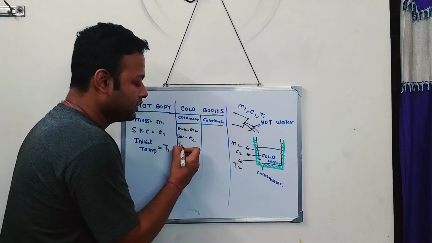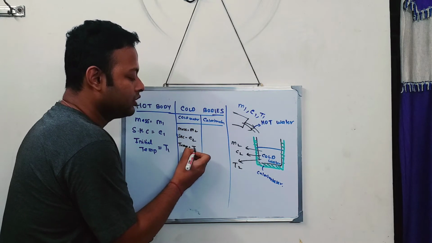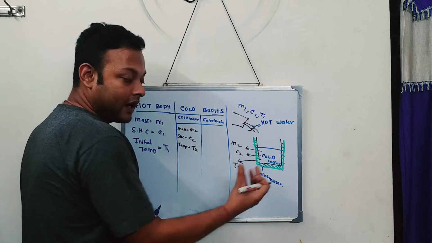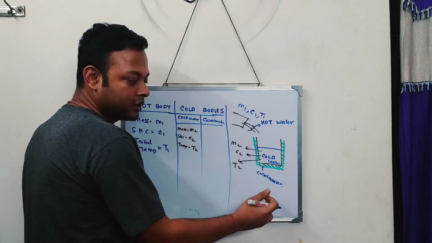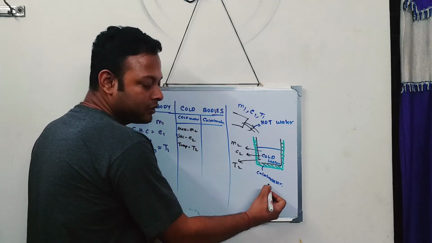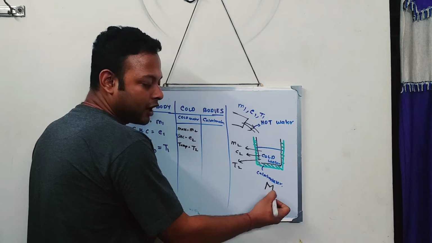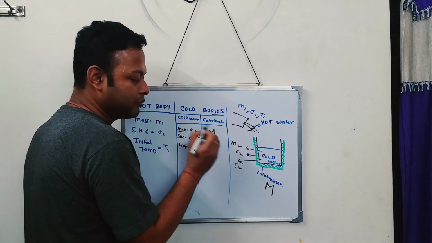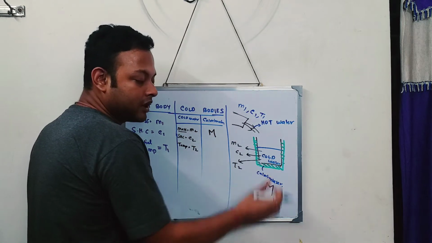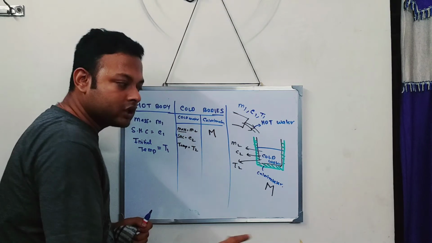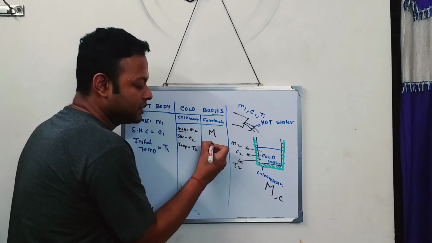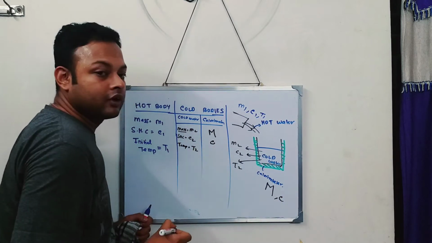For the calorimeter, that will also have a mass because this calorimeter is made up of copper. So the calorimeter mass, we will consider as capital M. This is made up of copper, and copper has its own specific heat capacity, which is small c.